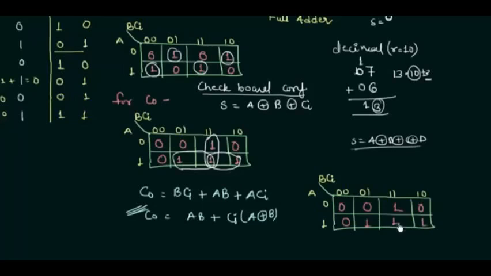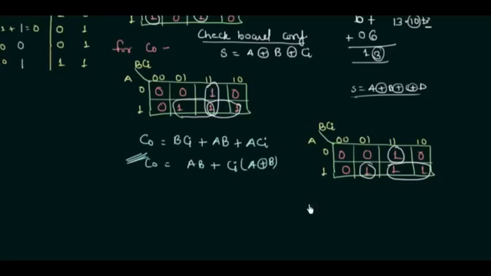Now I will make the group of these two ones, and I will keep this one alone and this one too. So what I did is I didn't combine these two ones with any of the other ones. I kept them alone. And let's see what we get by doing that.